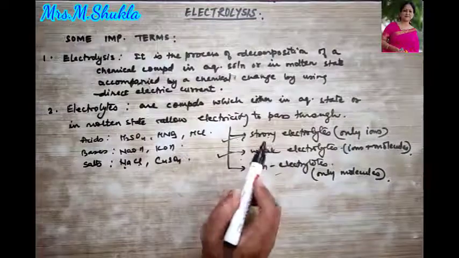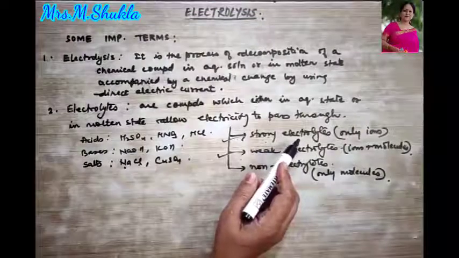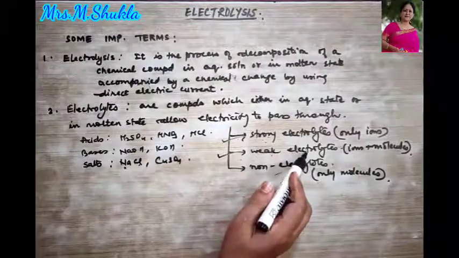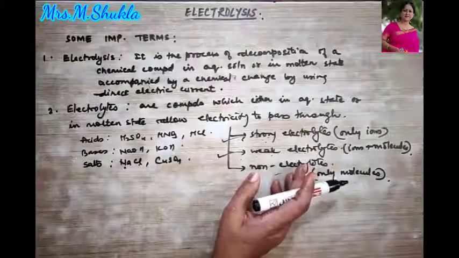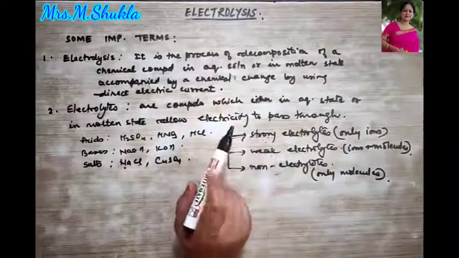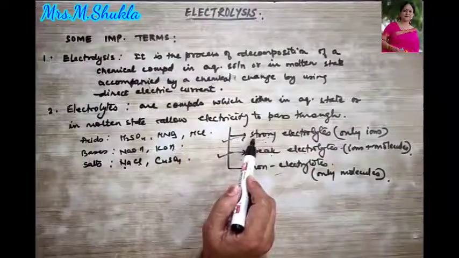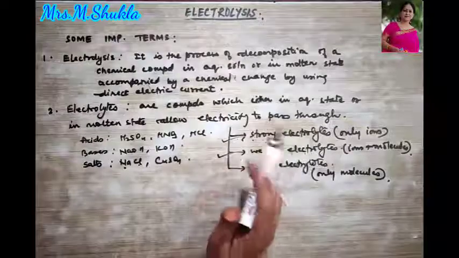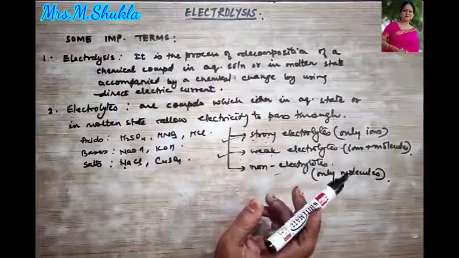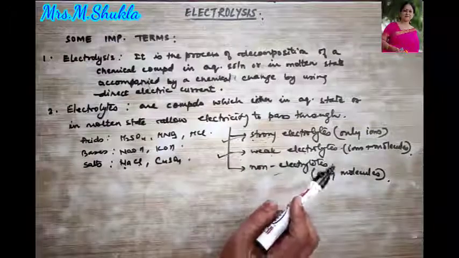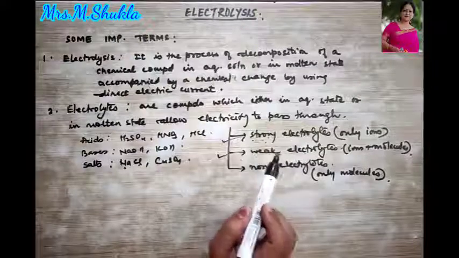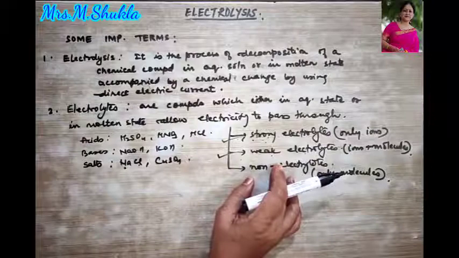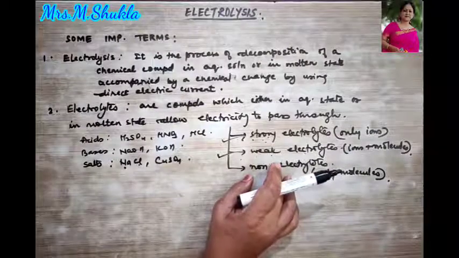Strong electrolytes are good conductors of electricity, whereas weak electrolytes are poor conductors. Strong electrolytes completely dissociate in the fused, molten or aqueous state, whereas weak electrolytes are partially dissociated in the fused or aqueous solution state.